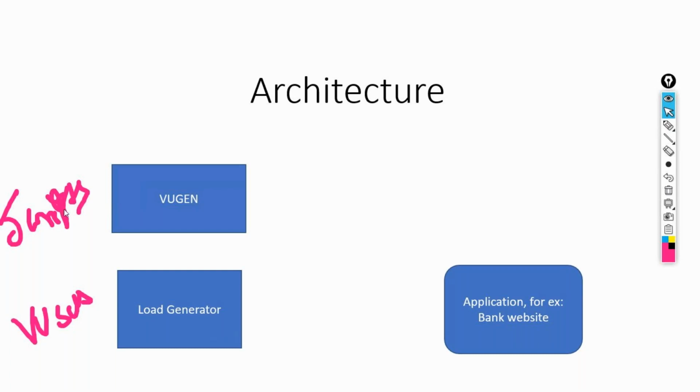Now you have to upload these scripts into some component and then trigger the execution. That component is called controller or performance center. This component is used to upload the scripts, then trigger the execution, and then monitor the execution. That is the responsibility of this particular component.